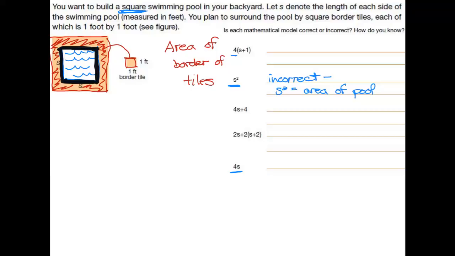It's not the area of the pool. What is it? Yes. Perimeter. Very good. You are following the distance around. So this one is incorrect because you have found the perimeter of the pool itself, right?